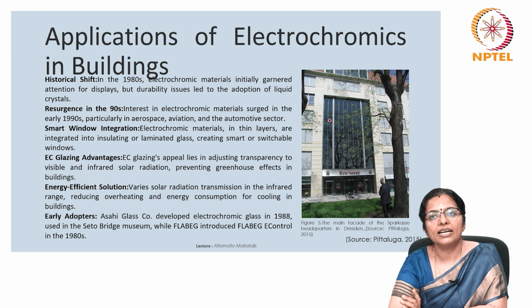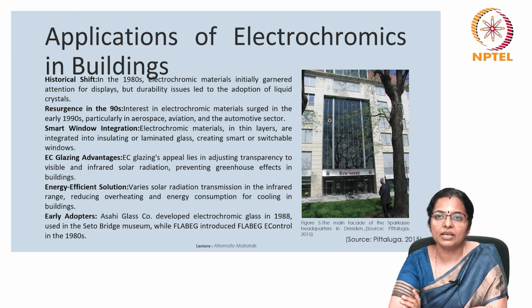However, the 1990s witnessed a resurgence with aerospace, aviation and automotive sectors showing interest. Now, electrochromic materials are integrated into glass, creating smart windows for buildings. This electrochromic glazing adjusts transparency, blocking harmful solar radiation and reducing overheating, making buildings energy efficient.